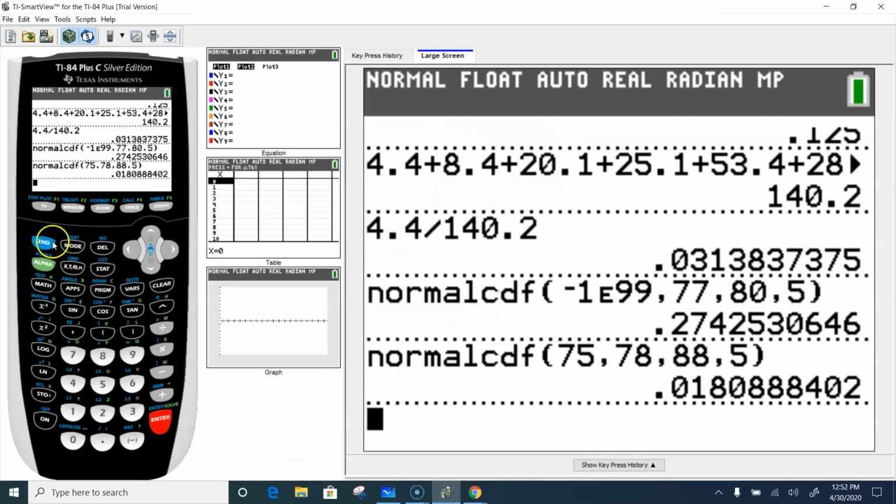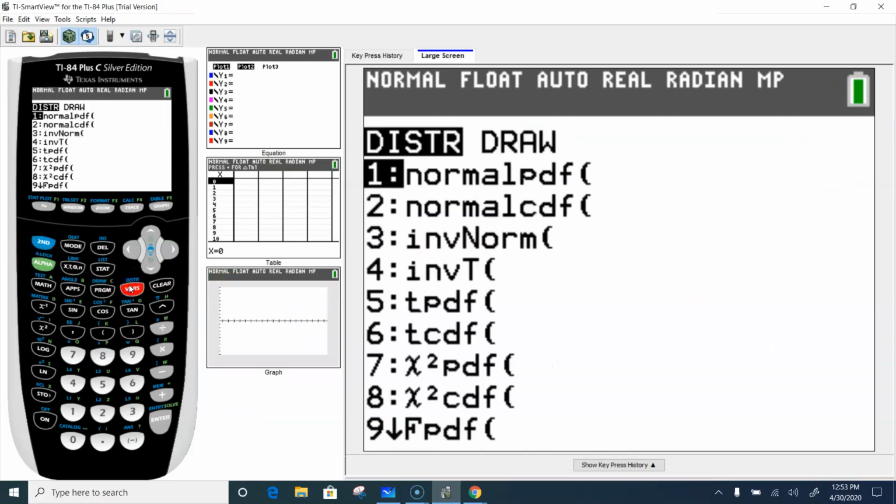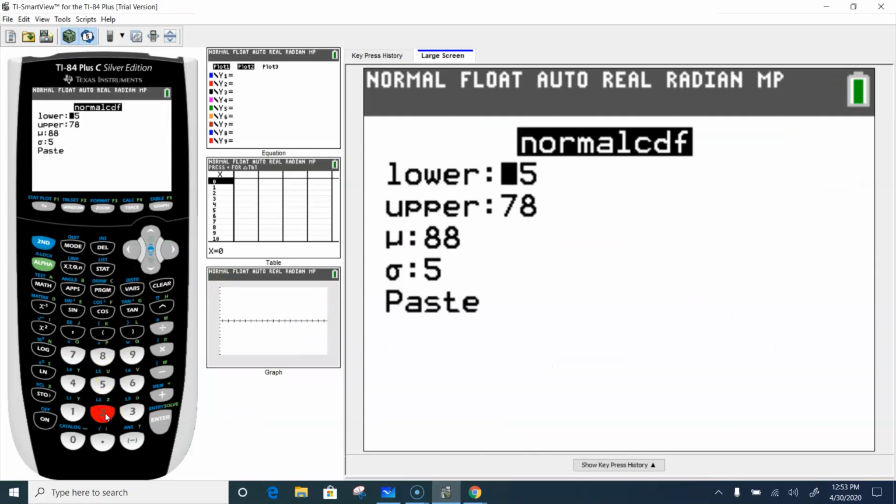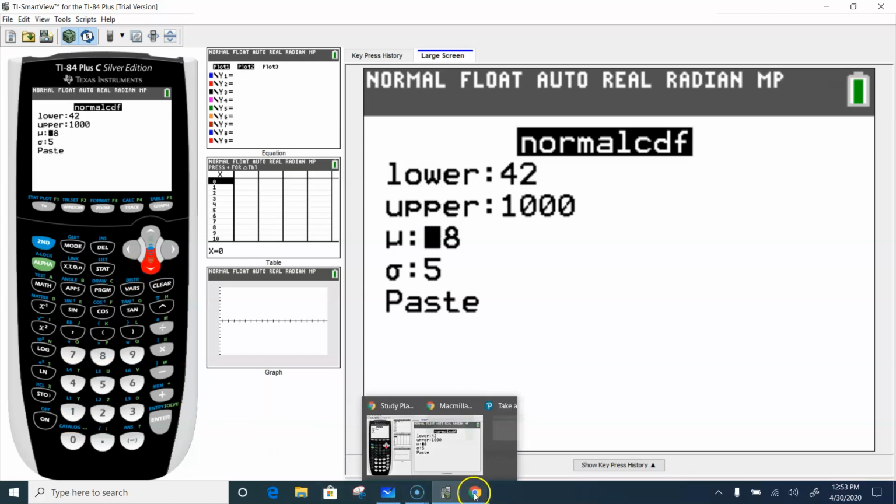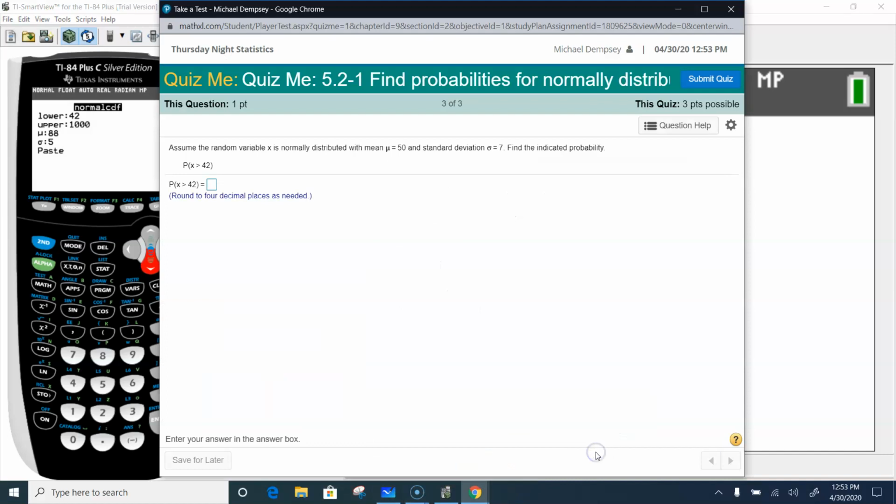So we want normal CDF. 42 is the lower limit. Let's take something really high as the upper limit. Can't go too high here. It goes off to infinity basically. The mean is 50. Standard deviation is 7.